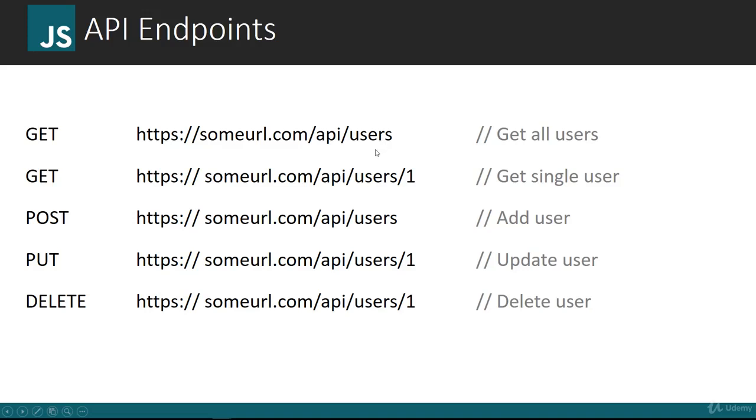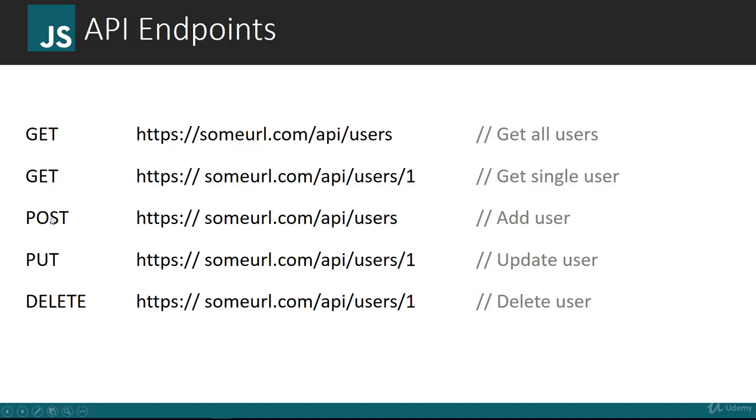Now it's completely up to the API how they want to format the URLs. Sometimes you might see a subdomain like api.someurl.com/users, something like that. This one here is an example of getting a single user, so it would be api/users/ and then whatever the ID of that user.